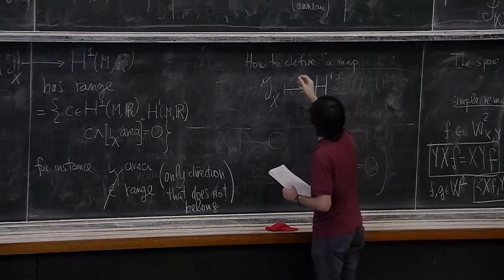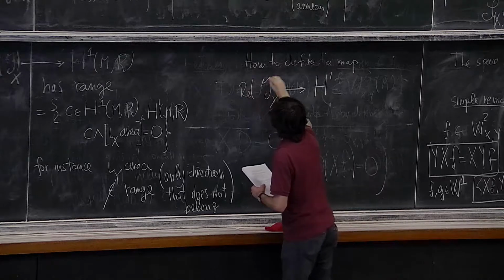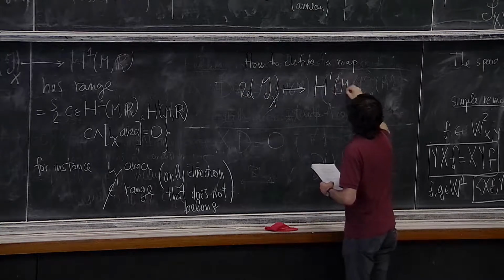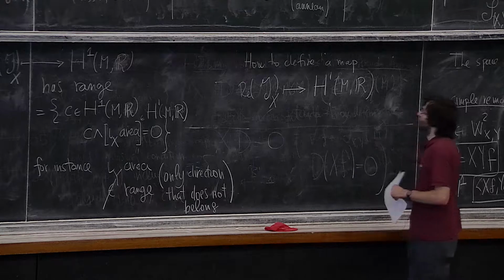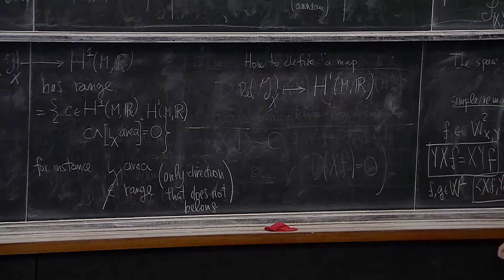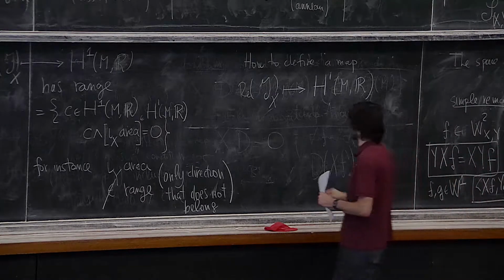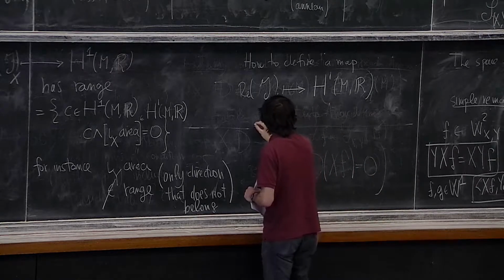Let me just do the real part. Of course, if I have it on the real part, I can extend it to the complexification. The idea here is that we should work with currents.